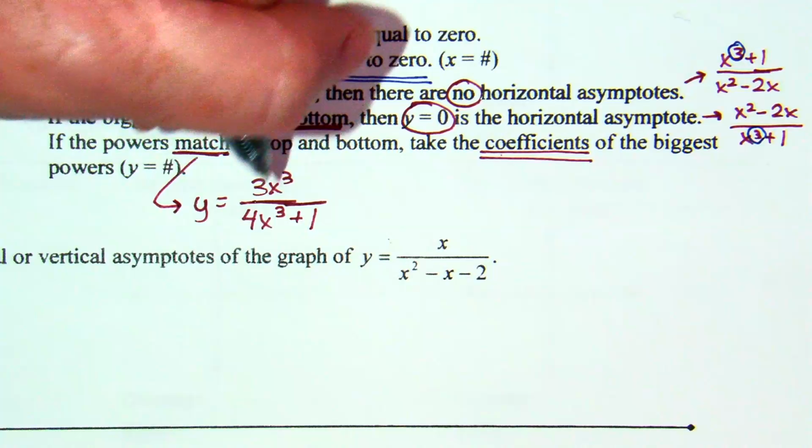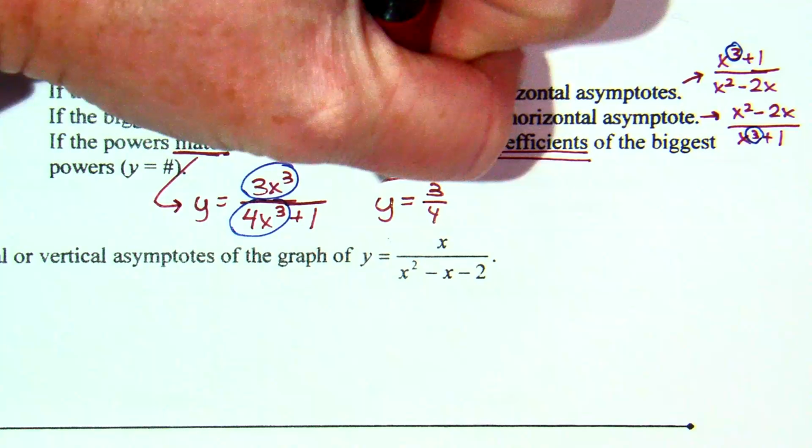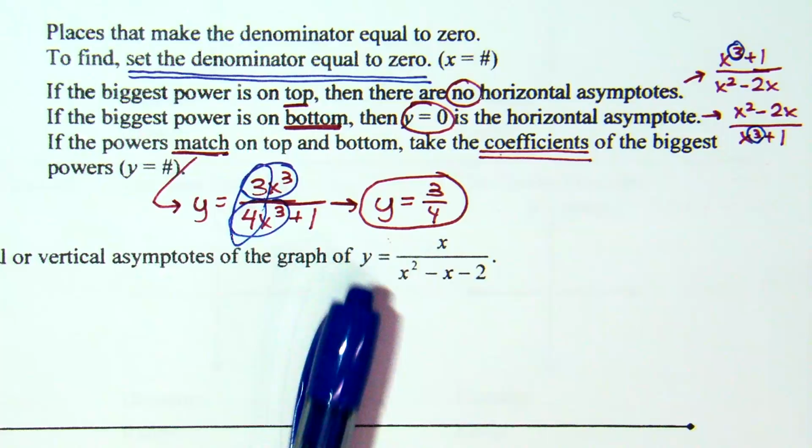So that means my horizontal asymptote would be 3/4. Because it's all about that 3 and 4. It doesn't matter what other terms you have, so this plus 1 means nothing. We could have had other terms on bottom, other terms on top. It's just about the largest powers. If they match, use the coefficients.